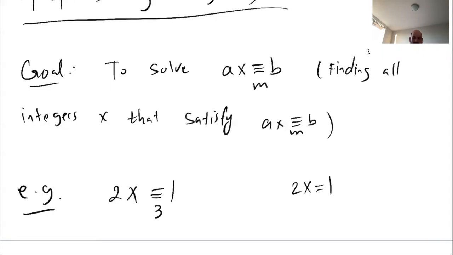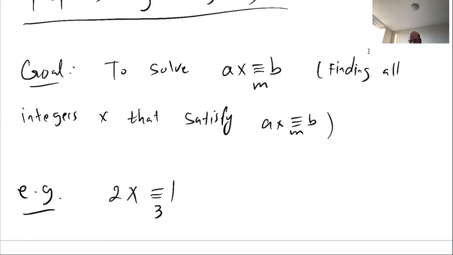Still, we can use that idea. I will tell you in a few minutes that we can still multiply both sides by the inverse of 2, but then the inverse of 2 will not be 1/2 anymore. I'll explain this. But before finding an algorithm for how to solve a given congruence, let's see whether we can at least guess a solution, by inspection or just checking numbers one by one.